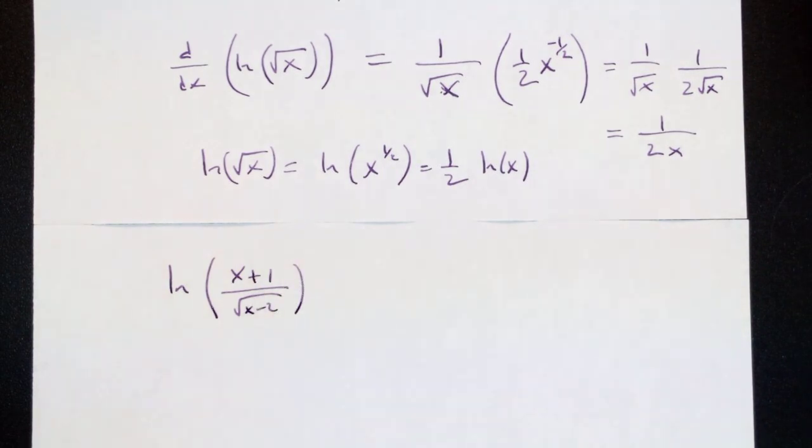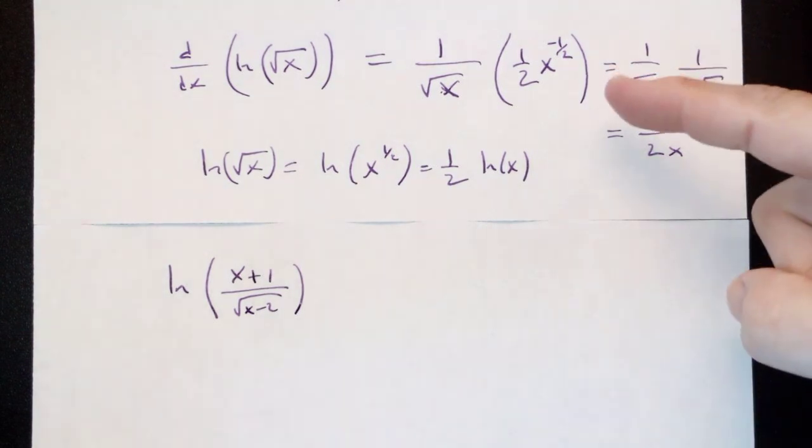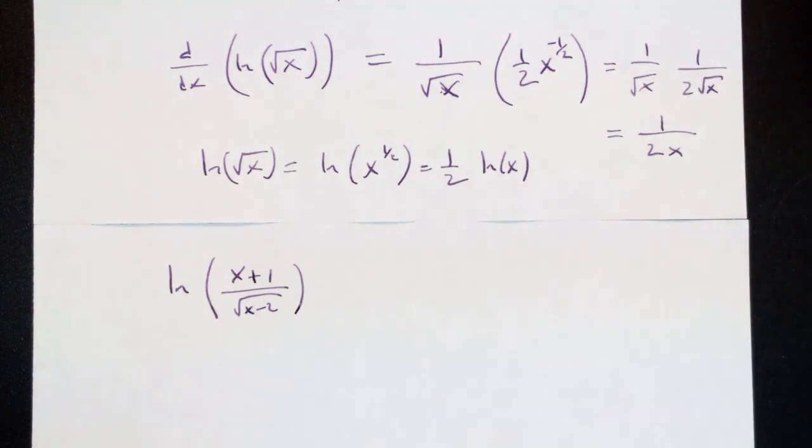I want you to imagine for a moment that we start this the same way we did up here. The derivative of ln of stuff is 1 over stuff. First of all, I'm then going to have 1 over ugly fraction. Then I need the derivative of the stuff, which is a quotient rule with a chain rule inside it.